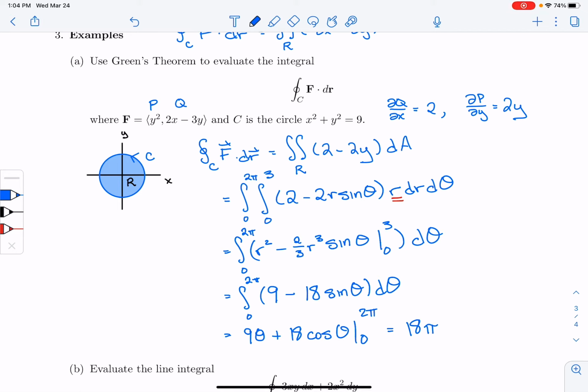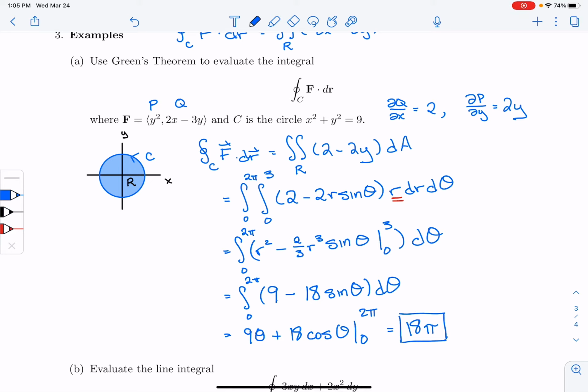And then when I evaluate 9 theta at 0, I'm going to get 0. 18 cosine of 2 pi is going to give me 18. And then 18 cosine of 0 is also going to give me 18. And so those 18s will subtract, become 0. So I'm really just left with 18 pi here.